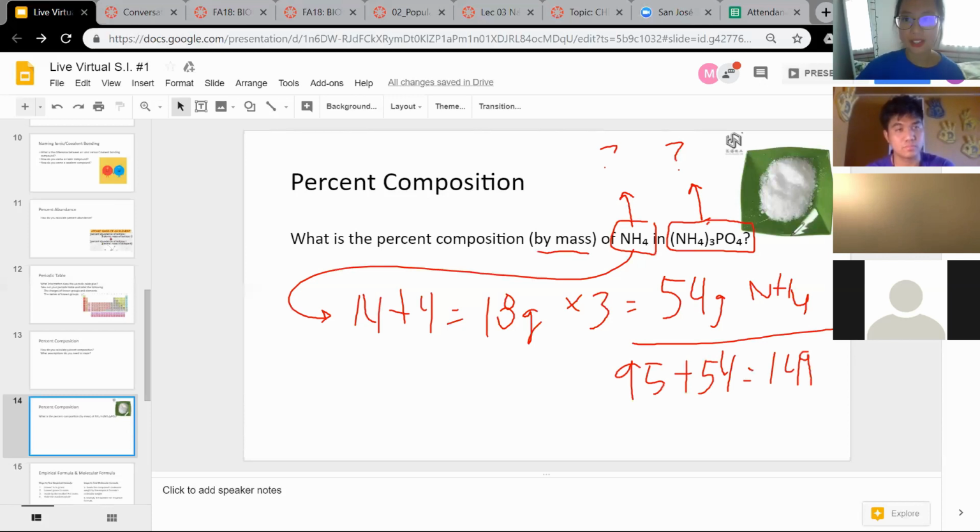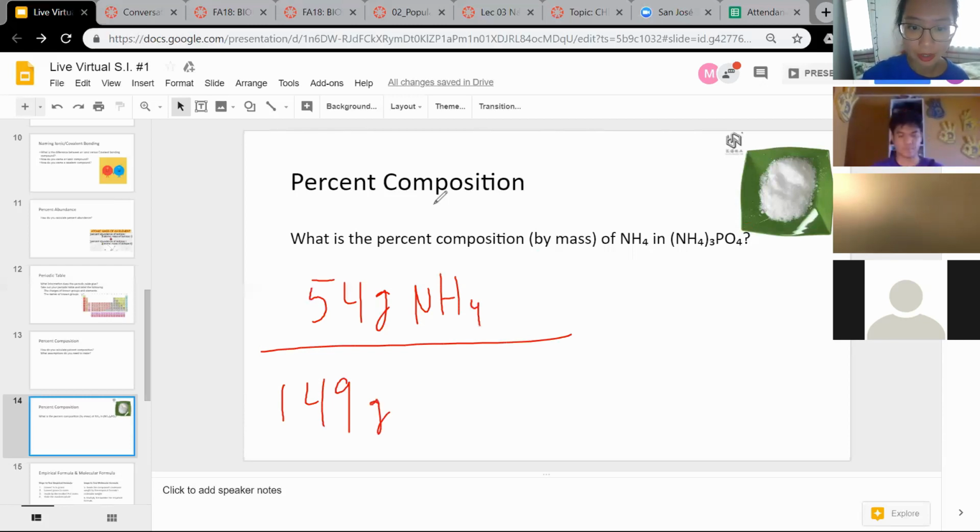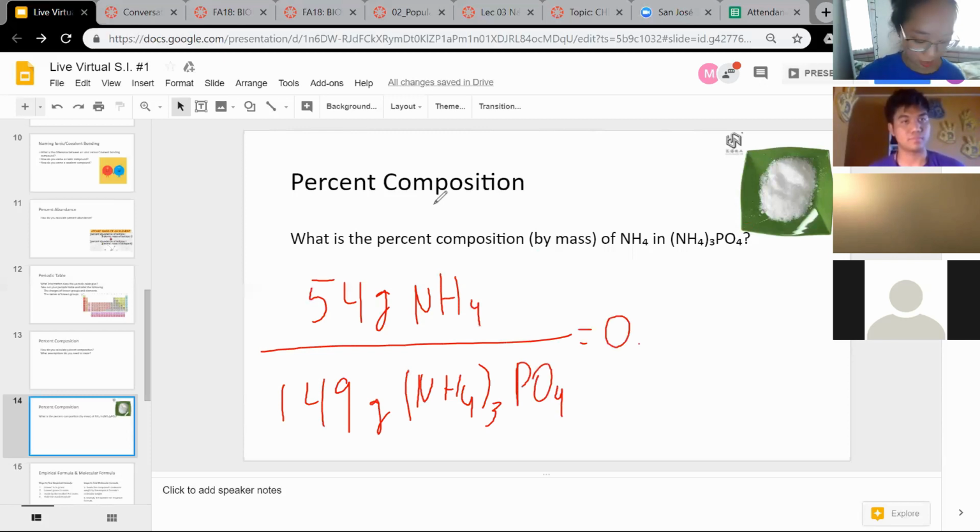So when you divide 54 grams NH4 all over 149 grams of the whole molecule, which is (NH4)3PO4, you should get a decimal, 0.36.